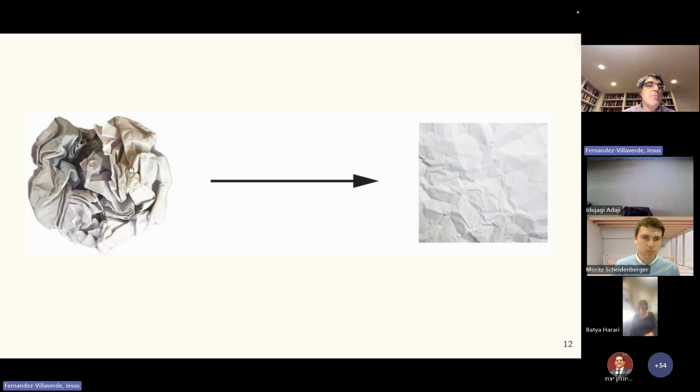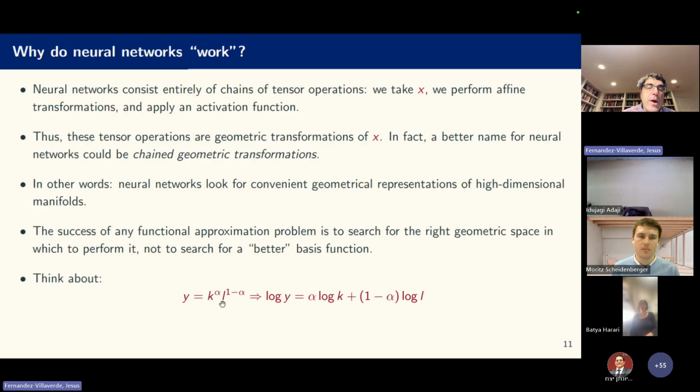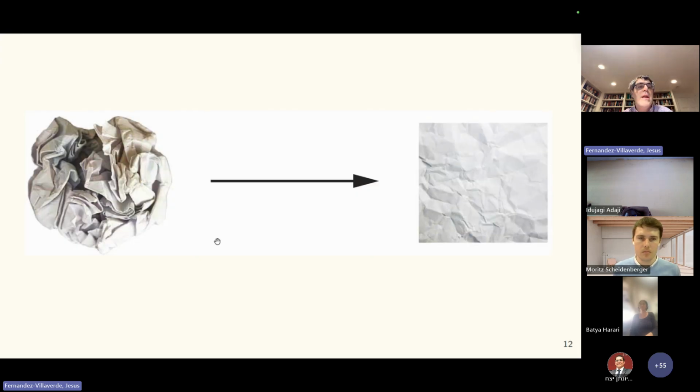You can think about this ball as the representation of the data that depends on capital and productivity. And this is the representation of the data that depends on some transformation of capital and productivity, in the same way that we are moving from levels to logs over here. And what the deep neural network does is unwrap the paper like this.